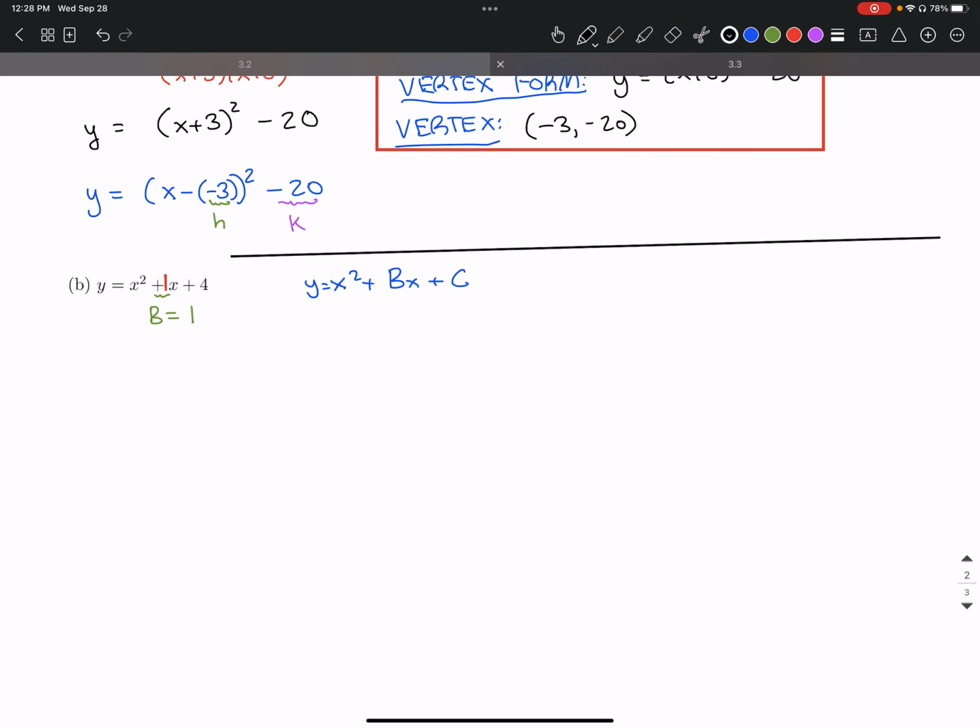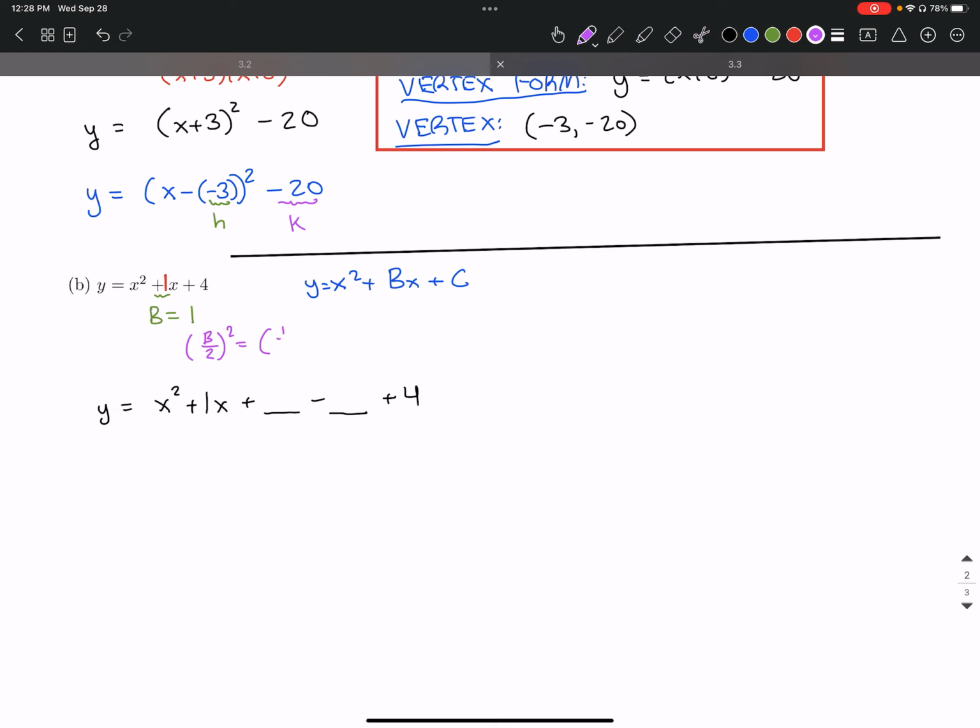Now, we would like to rewrite this as x squared plus 1x, and then we're going to add and subtract some magical number right after that before we add this 4 that was on the end originally. The formula for the magical quantity we add and subtract is (b over 2) squared.